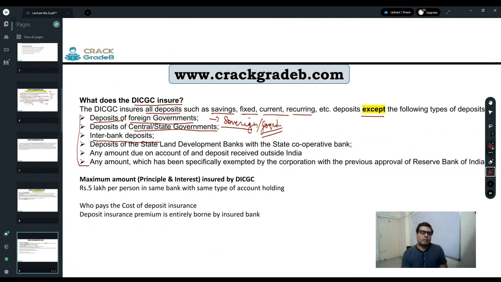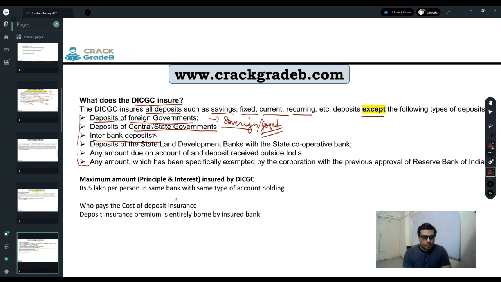So it is technically difficult to insure these deposits because of the high fluctuation in amount, timing and frequency. That is why it is almost difficult to insure these deposits, and that is why they do not come under the purview of DICGC.